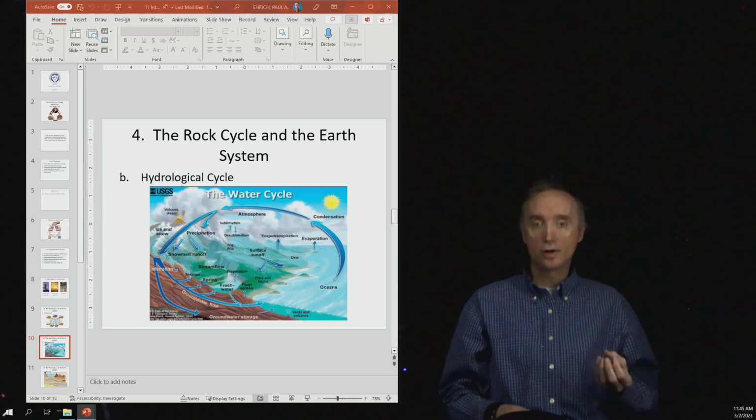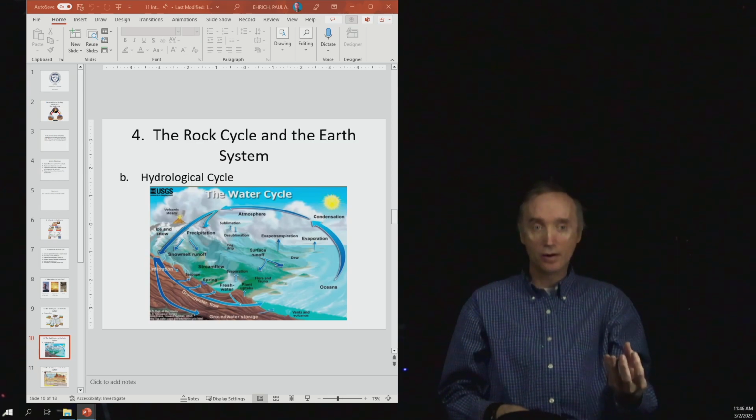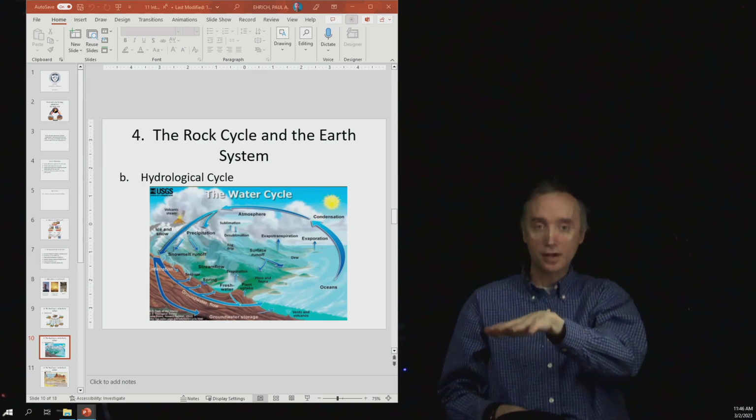Now what does the water do when it gets into the atmosphere? It starts to cool off, forms clouds, and then it rains liquid water back onto the earth. It could be rained onto the oceans, or onto the continents.